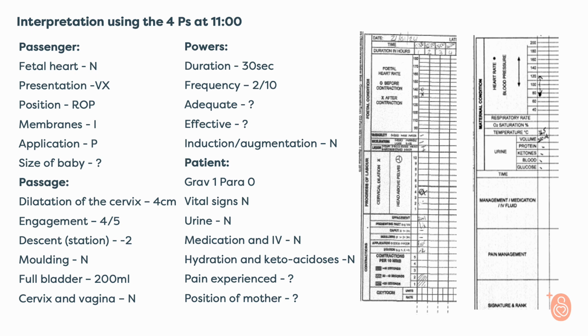The moment that it's not going well with either the fetus or the mother, it doesn't matter what's going on with the progress of labor, something needs to be done. So if we look at the fetal heart, on this partograph the fetal heart is supposed to be recorded before and after contractions.